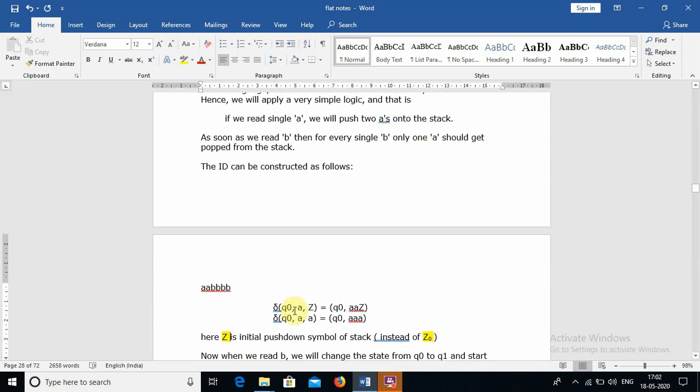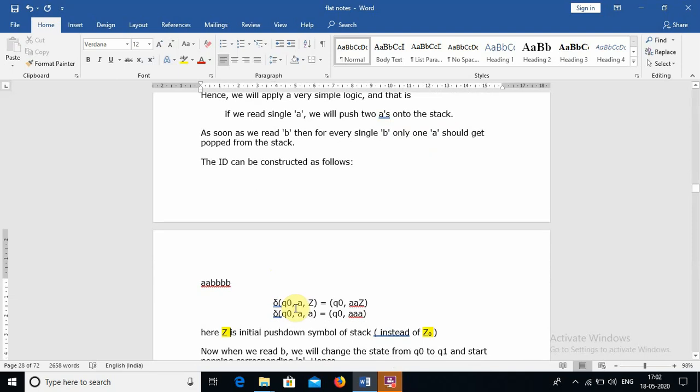So we are at q0. If the input symbol is a and the stack symbol is Z, we stay in the same state and push aaZ. Next, we are at q0. If the input is a, what are we doing?